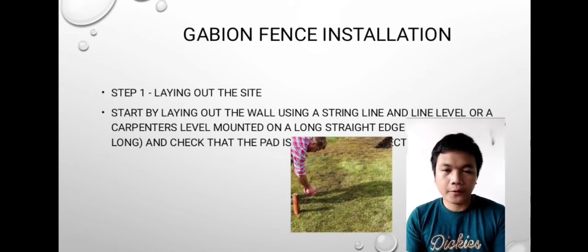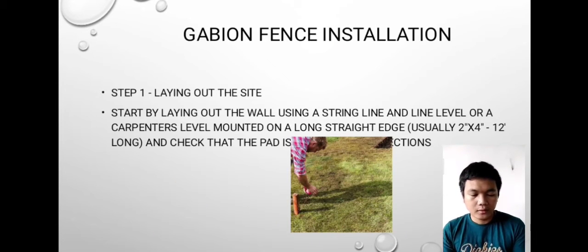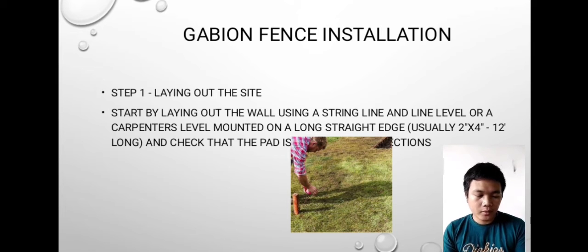These are 5 procedures to make the gabion fence. So, first, laying out the site. Start by laying out the wall using a string line and line level or a carpenter's level mounted on a long straight edge, usually 2 inch by 4 by 12 long, and check that the pad is level in both directions.